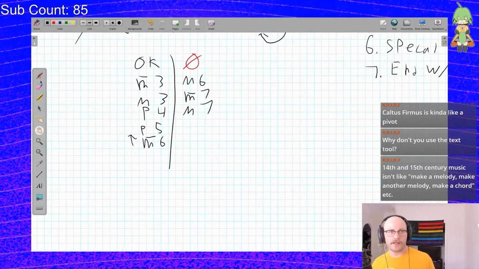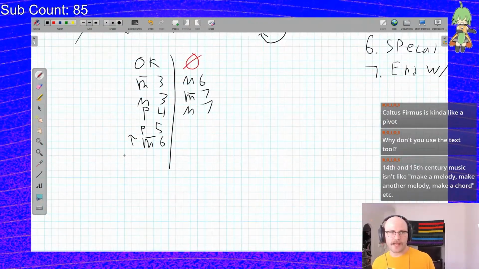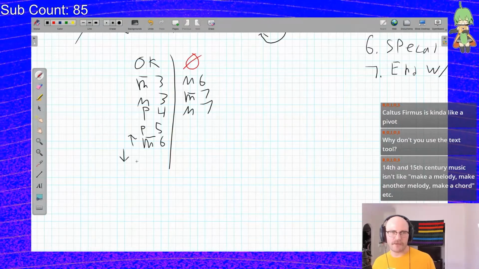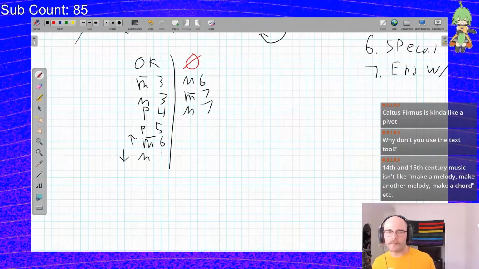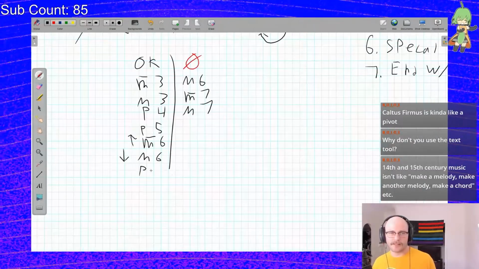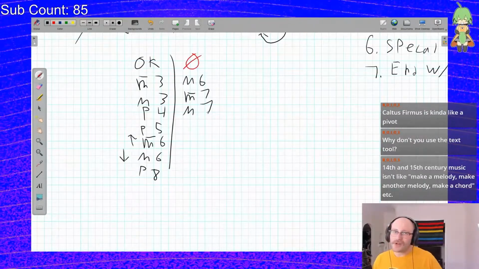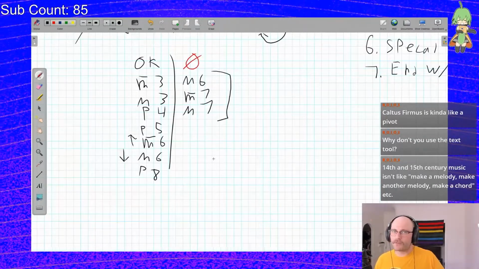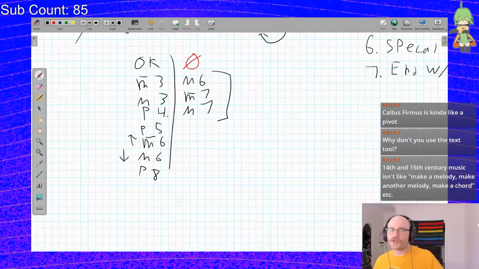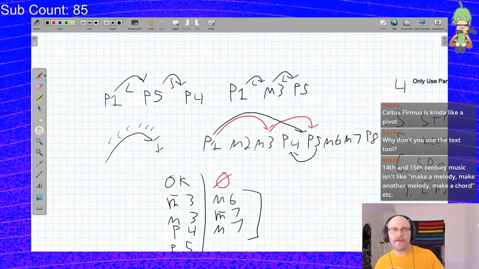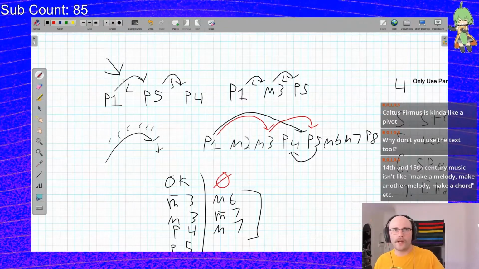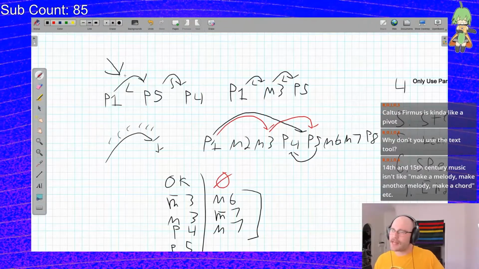You can, I believe, do a descending major sixth, if I'm not mistaken, but generally I just avoid major sixths if I'm leaping. And you can also leap octaves. So generally, there isn't a lot of restriction on how you can leap, but the further you leap, the more you have to bias yourself towards this rule, where you have to step in the opposite direction.